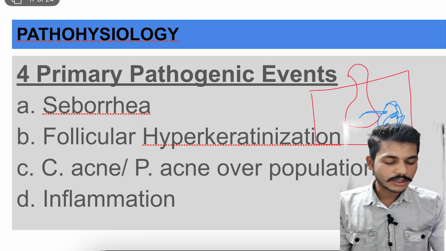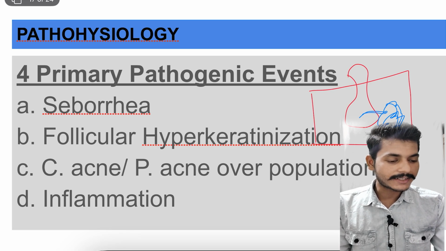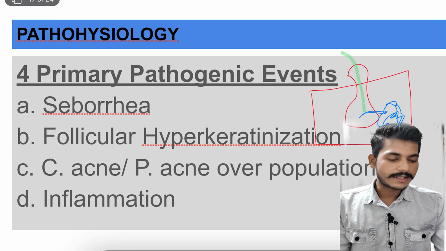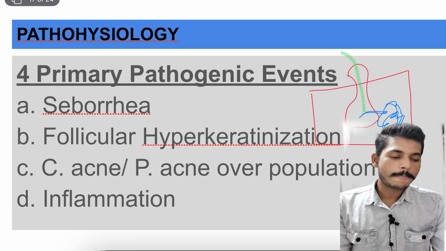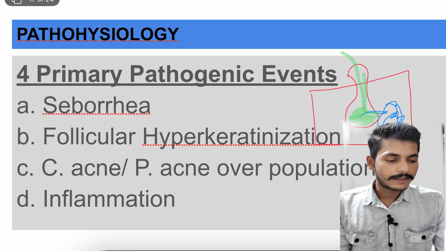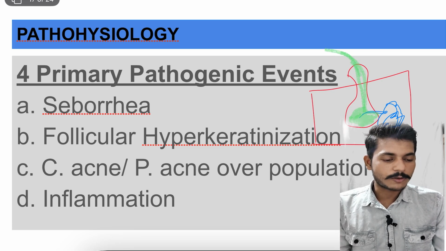This unit consists of the hair shaft, and they pour their secretion into this region, and from here the sebum will be excreted outside.